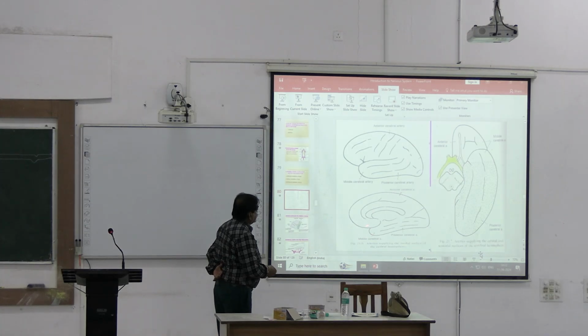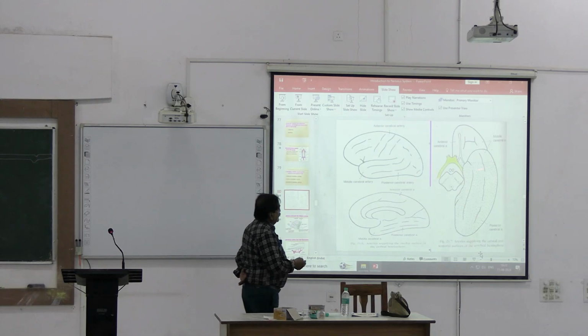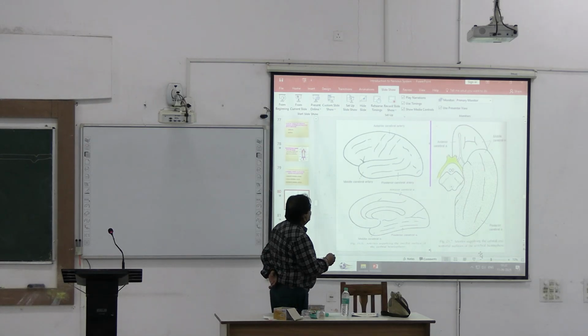The anterior cerebral artery supplies this portion, the middle cerebral artery supplies this portion, and the posterior cerebral artery supplies the posterior portion. This is the optic chiasma.